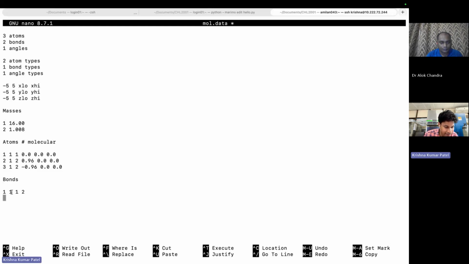We have the bonds. Bond type 1 is between 1 and 2. And the second bond is going to be, again, the same bond type because both bonds are of the same type, and that is going to be between 1 and 3. Because atom 1 means oxygen here, right?